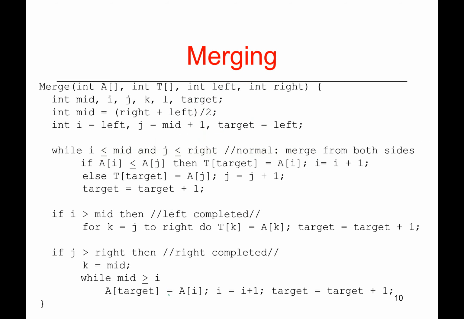This is the code for this merge procedure, and it follows what we discussed. First check if it is the normal case, we merge from two sides. If the left side is finished, then we copy the remaining right elements, or if the right side is finished, we copy the remaining in the left side.